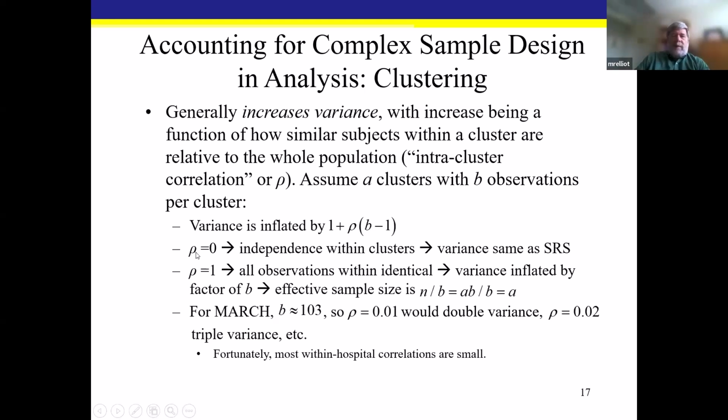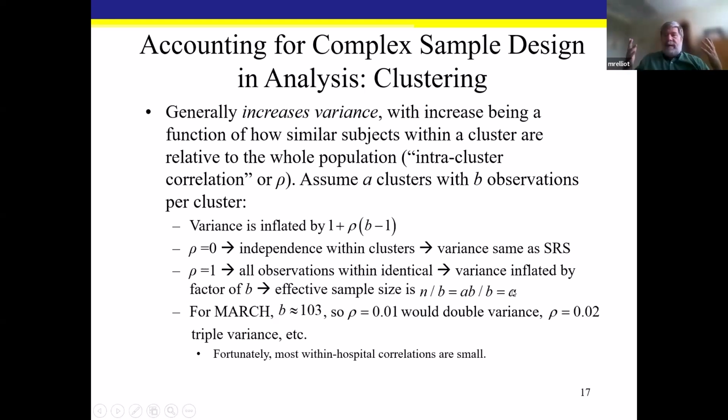If rho is 0, basically there's independence within clusters. So you can think about the clusters now, the little membrane around them basically just disappears, and you're just sampling from the population. It's the same variance. Worst case scenario, if they're all identical within a cluster, then your variance gets inflated by a factor of b, and the effective sample size just becomes the number of clusters, which you can imagine.